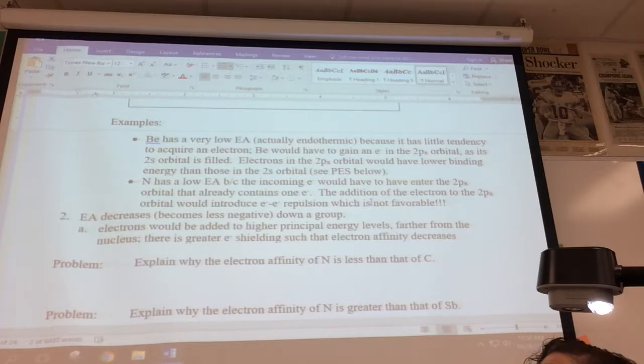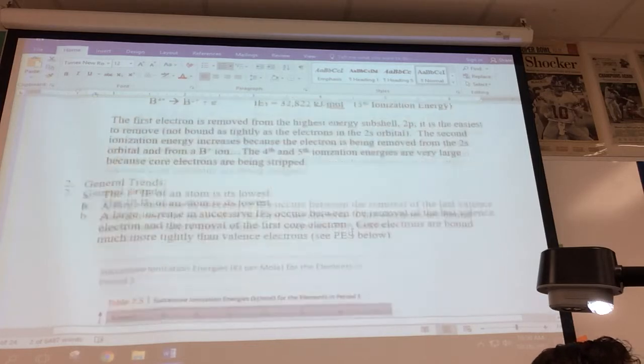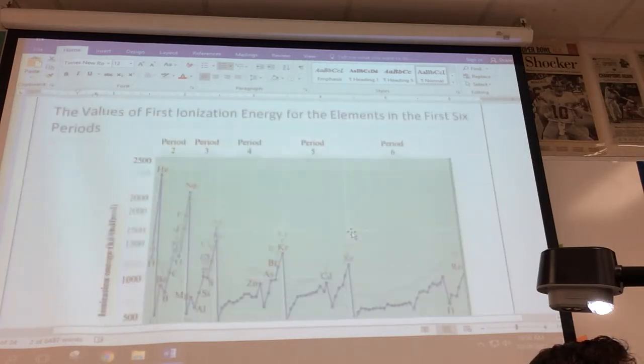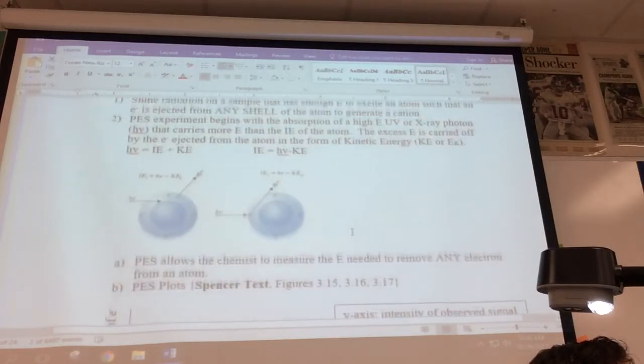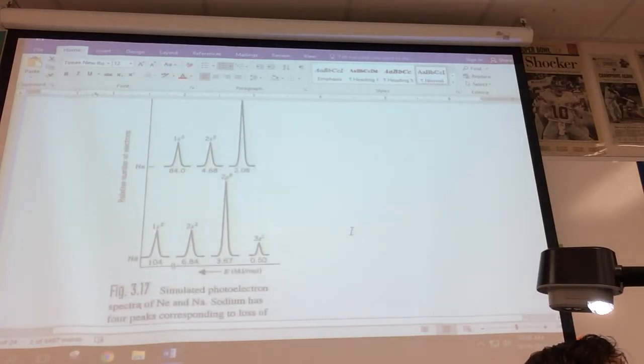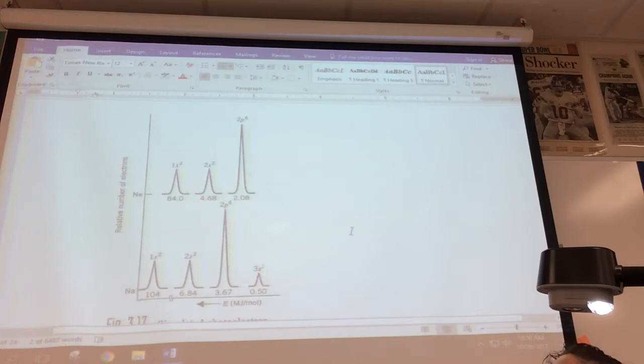But the binding energy, this came up in period 2 also, and they had a hard time letting go. What we're going to introduce on Monday is something called PES, and it's shown right here. These numbers show the binding energy, and you'll see electrons in the first shell are bound more tightly to the nucleus of the atom than electrons in the second shell.